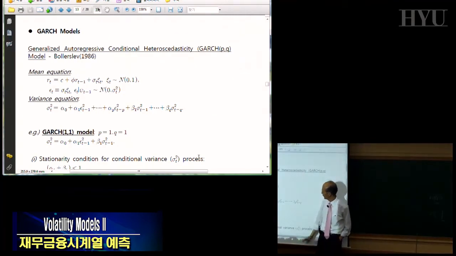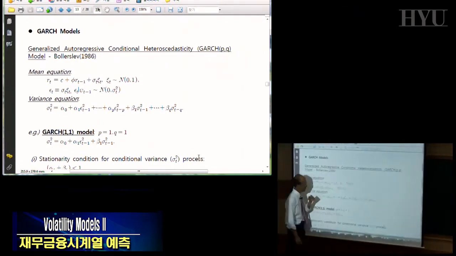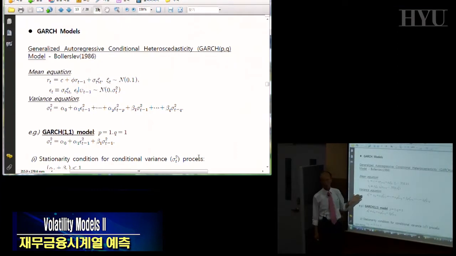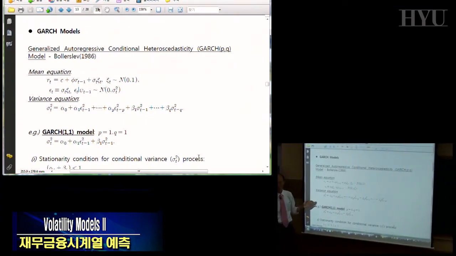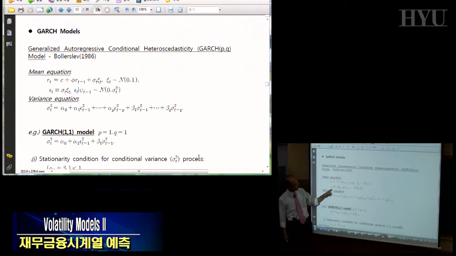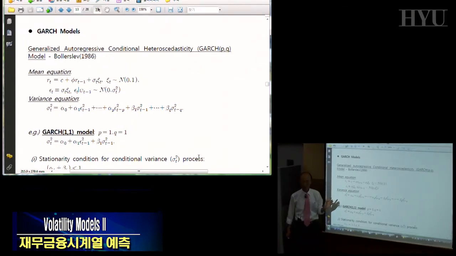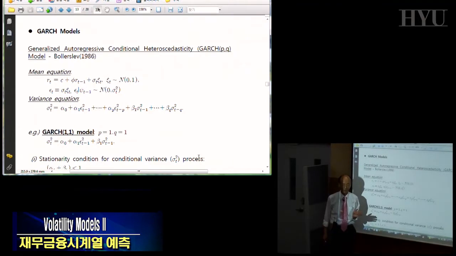Well, what he did is this formula. The formula looks horrible, but the idea is very simple. First, notation. We usually say epsilon is the disturbance term, right? So it has zero mean and variance sigma squared, right?